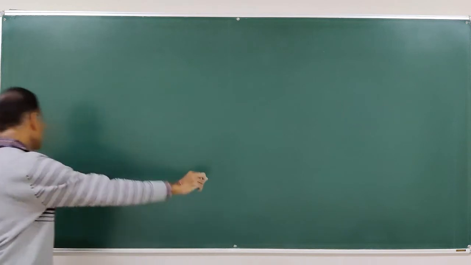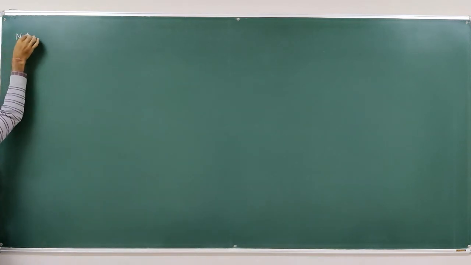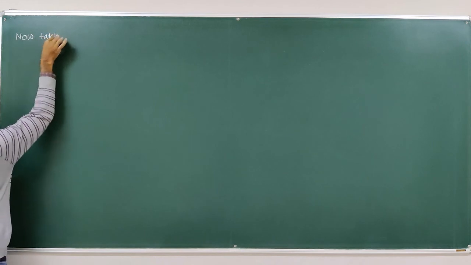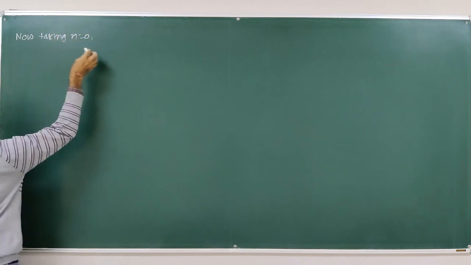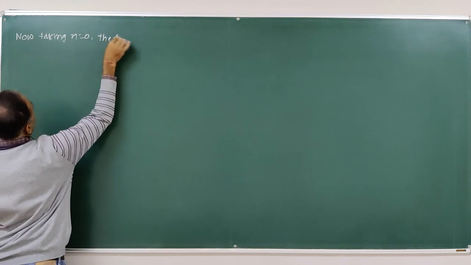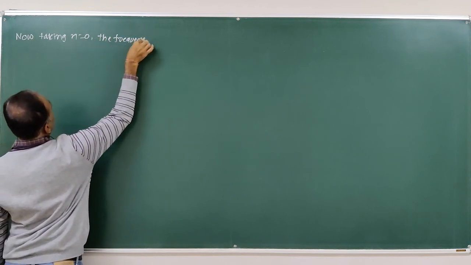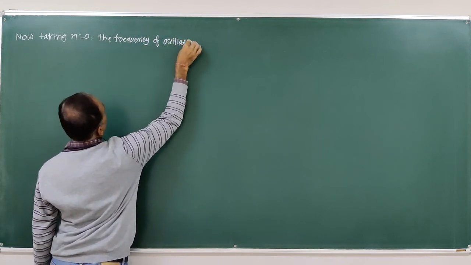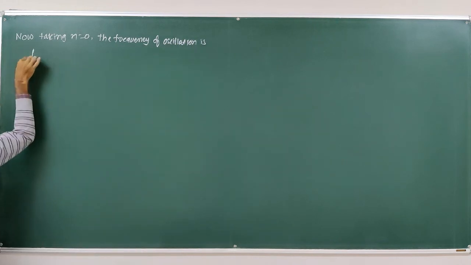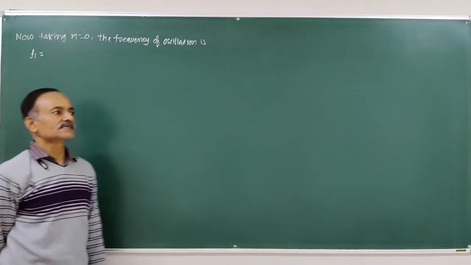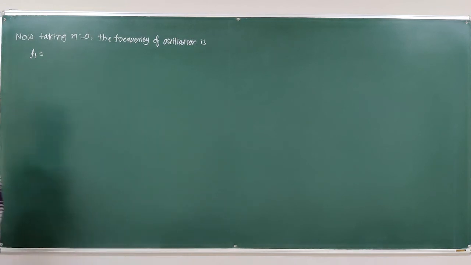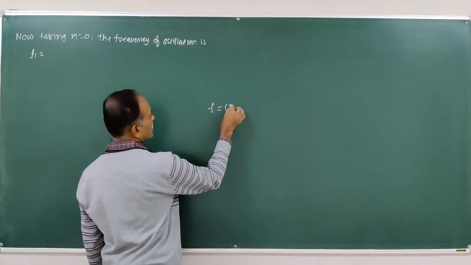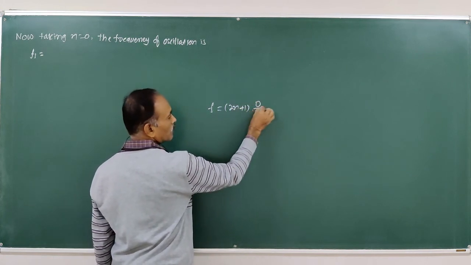Taking n equal to 0, the frequency of oscillation F1 is, our equation Fn is equal to (2n plus 1) into v upon 4L.